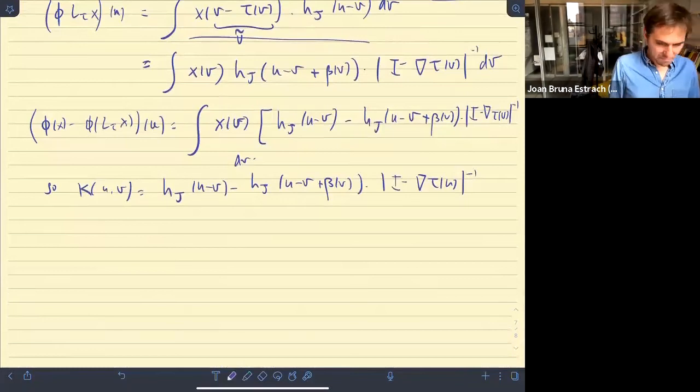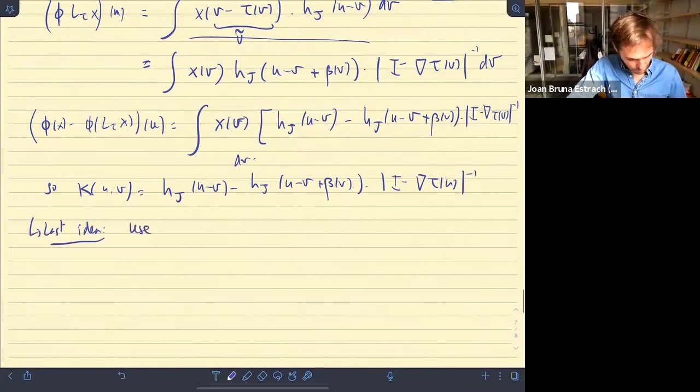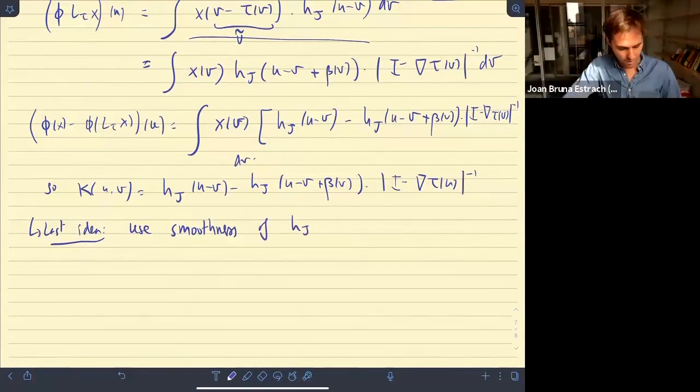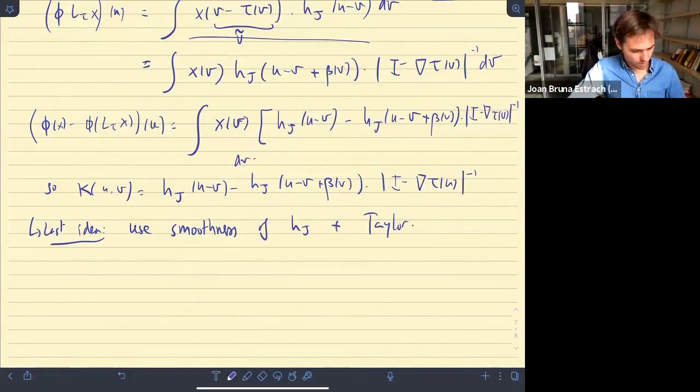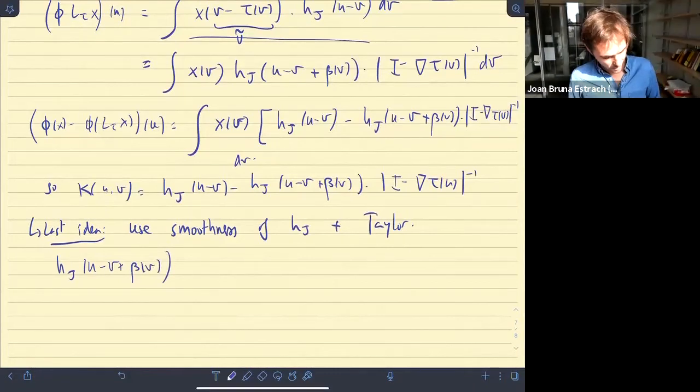And so now there's only one last idea, right? The last idea is to leverage the smoothness of hj, plus Taylor. In other words, the term that is causing me some problems, b minus b plus beta, I need to do Taylor around u minus b, because that's the term that we have here.